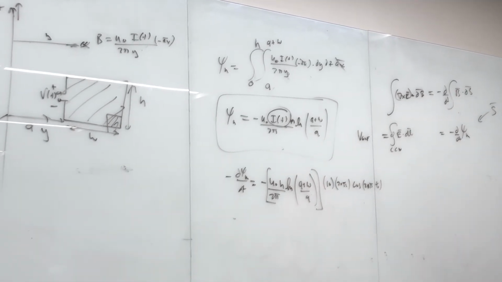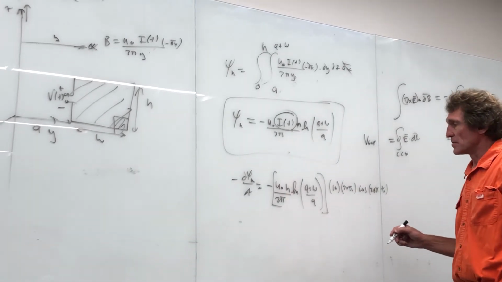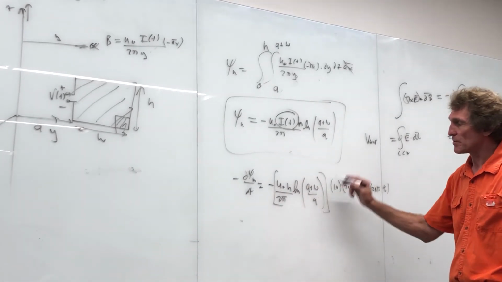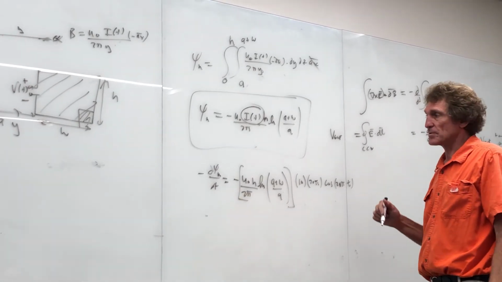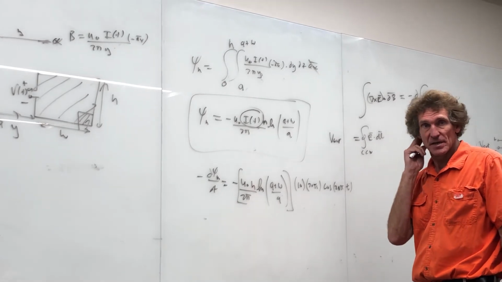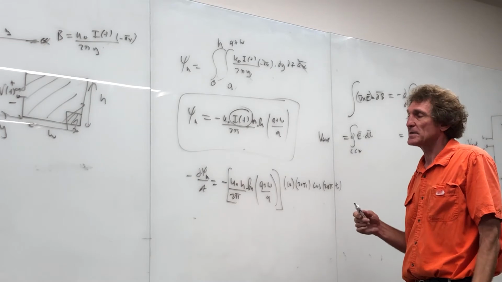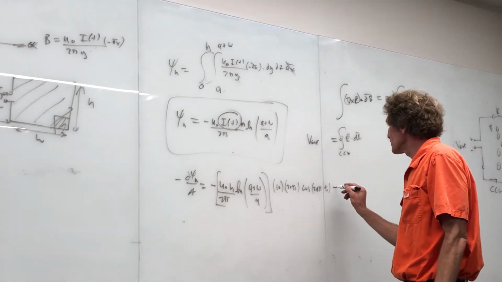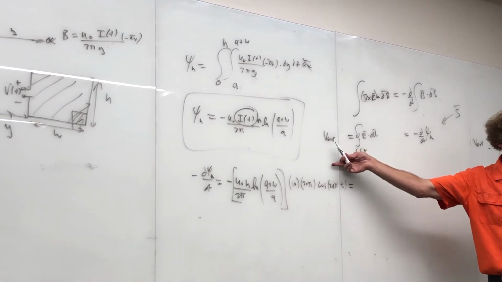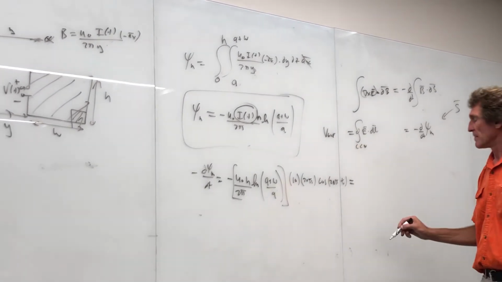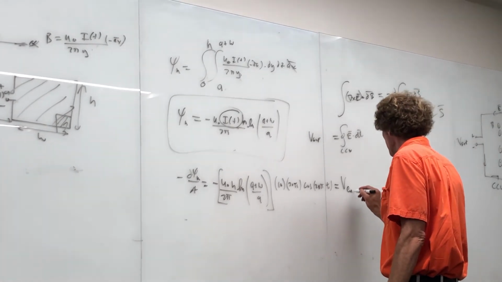All right, now we have the flux, and I want to tell you one other thing. Normally, this term that I bracketed is called the mutual inductance. We calculated that before. So the mutual inductance times the time rate of change of the current in the primary circuit gives you minus d phi dt, which is equal to the voltage. Now listen carefully. That's the voltage, and it's really V EMF of t.